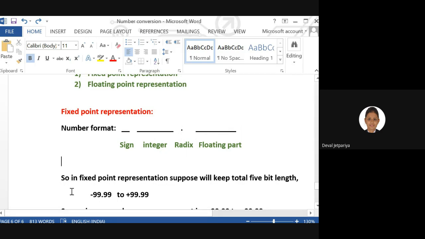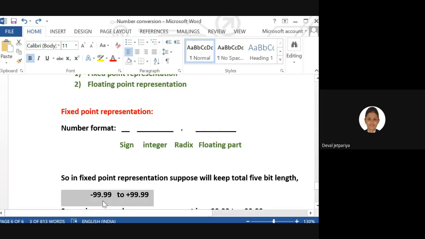Now suppose we have been told to use 5-bit length to represent the number. From 5 bits, first 1 bit we require for the sign, so ultimately we have only 4 bits. So using those 4 bits, how many total values can we represent?